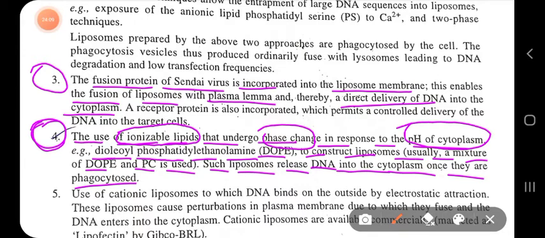Examples of such ionizable lipids are dioleoyl phosphatidylethanolamine, also called DOPE, used with phosphatidylcholine in liposome formation in the presence of a certain pH. With a change in pH, the liposomes inside the cell open up and release our desirable DNA into the cytoplasm.